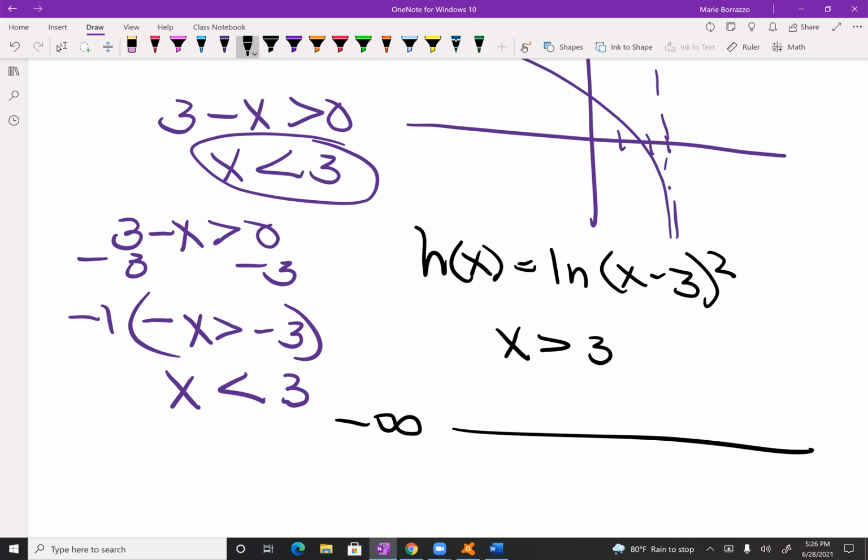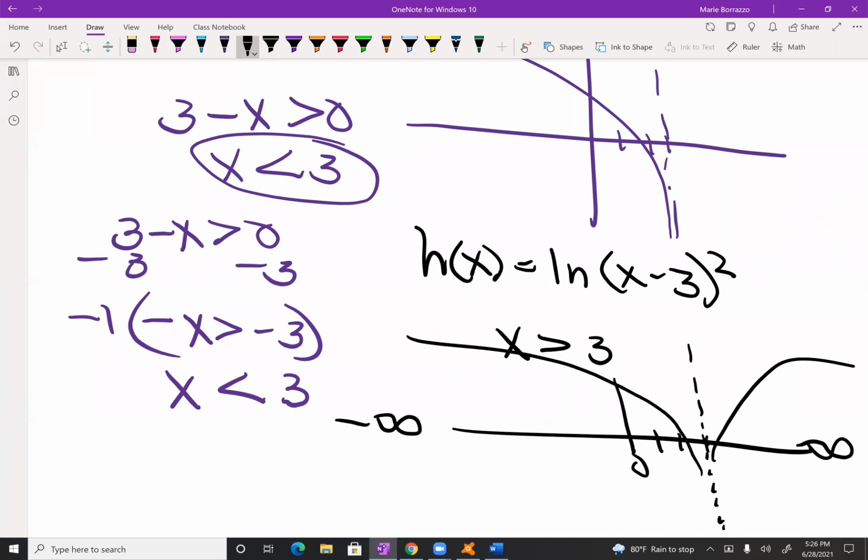So it goes from negative infinity to infinity, excluding 3. So let's say this is 0. Here's 1, 2, 3. At positive 3, I have a vertical asymptote, and so this will cut out this way and this way respectively because it's squared. There's got to be the positive and the negative of it. Always.